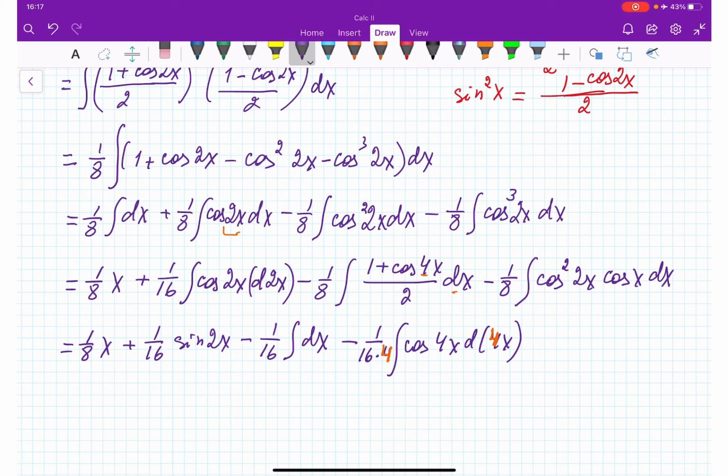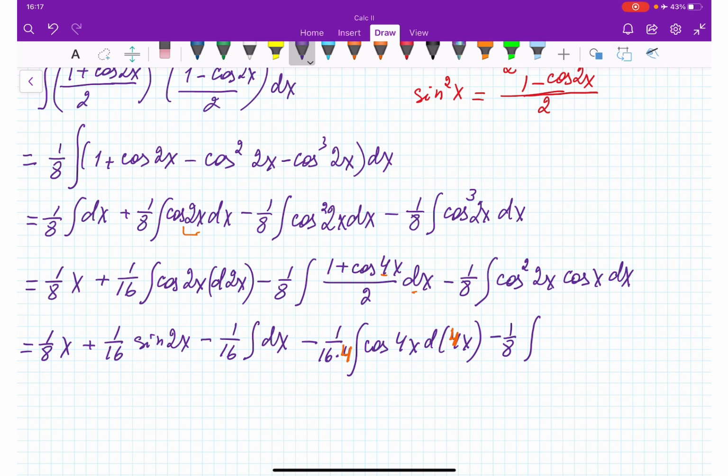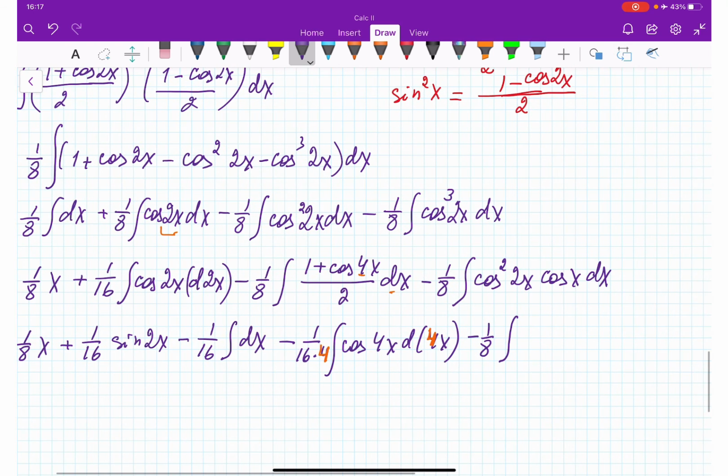Okay, minus 1/8 integral 1 minus sine squared 2x and cosine we're squeezing inside, and we are going to get, hold on, here also has to be cosine 2x.